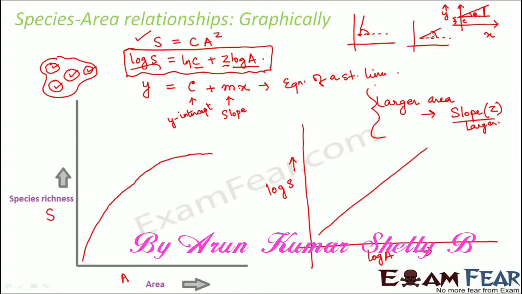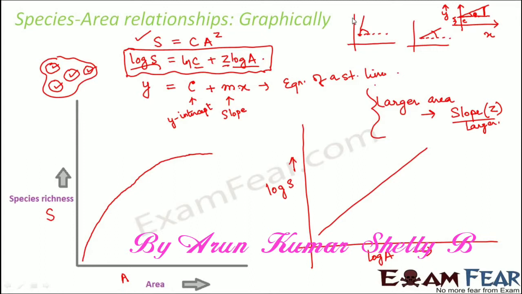Now, why does the slope steepness change with the size of the area? That's because when you are considering a very large area, the species richness is more. That is, more variety of species are existing there. So in that case, even as the value of your x changes a little bit, the change in your y is quite more. That is, the species richness is more when compared to the change in area.